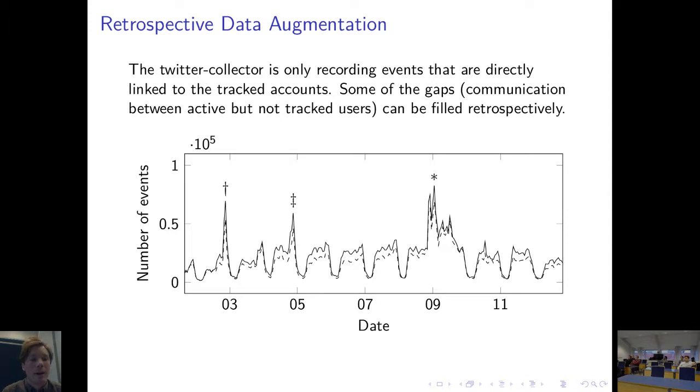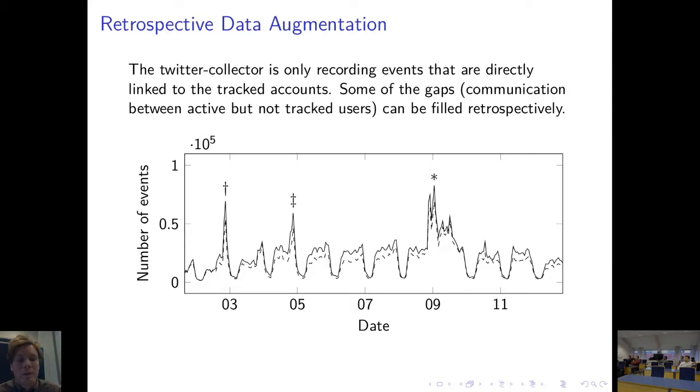This is the timeline of the data collection. So the election date was on the 8th, 9th, yeah. And the y-axis is the number of Twitter events, and there are three major spikes in this data.